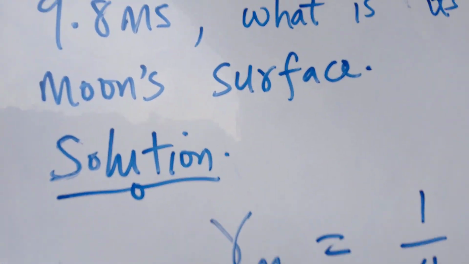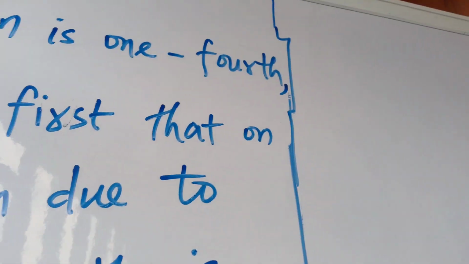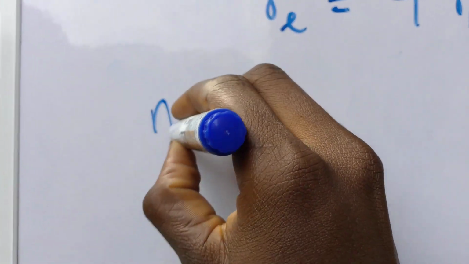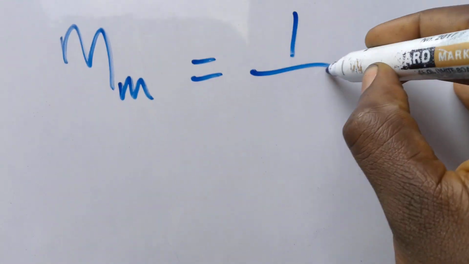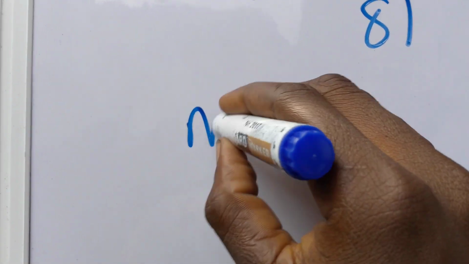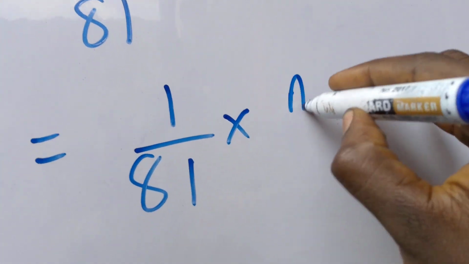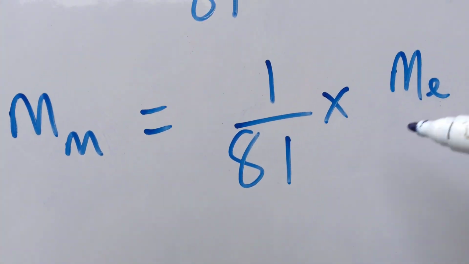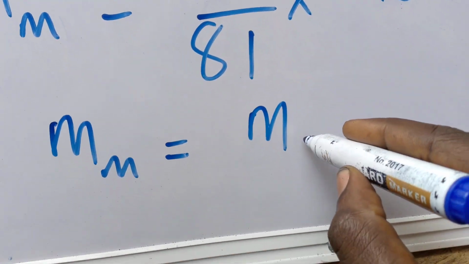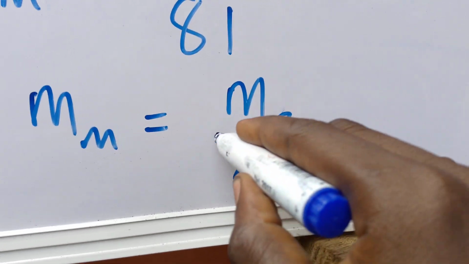Then we continue. It says the mass of the moon is 1/81st that on the Earth. So we say the mass of the moon is equal to 1/81st of the mass of the Earth. That means the mass of the moon is equal to 1/81 times Me, which is that the mass of the moon will be equal to Me over 81.